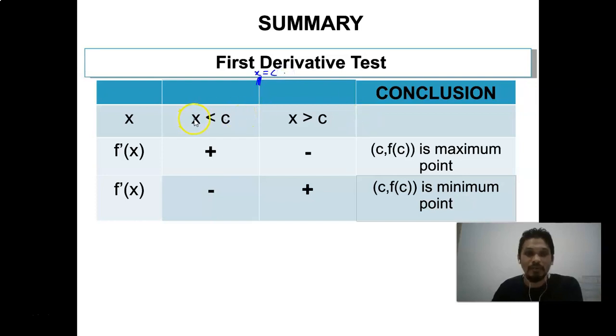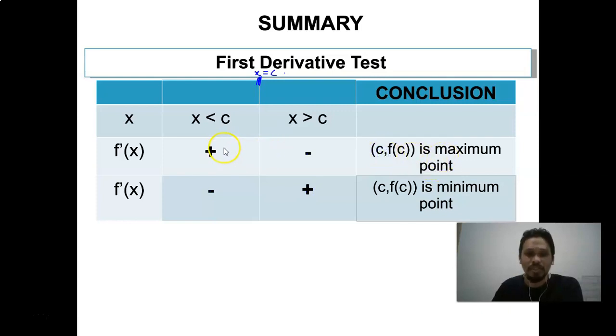Before the point x equals c, f prime of x changes from positive to negative, or from negative to positive. So this is a maximum point and a minimum point.